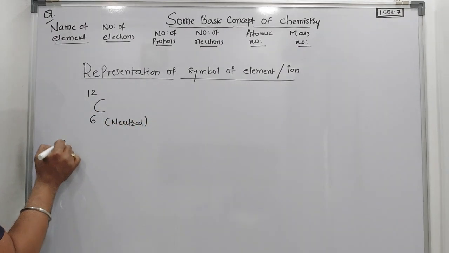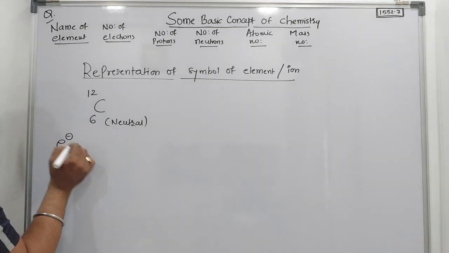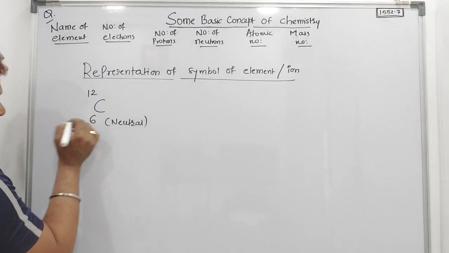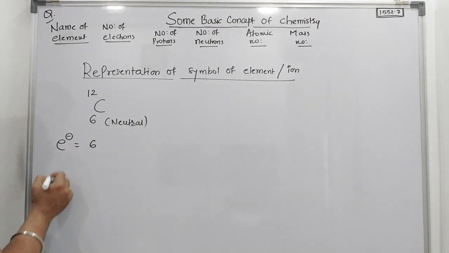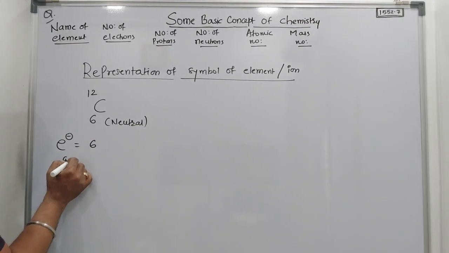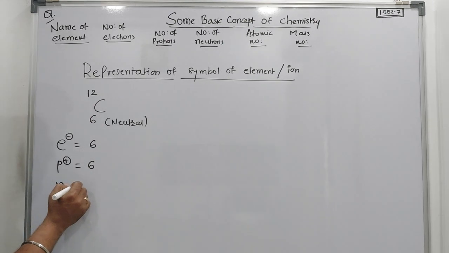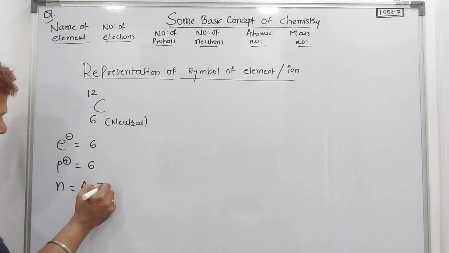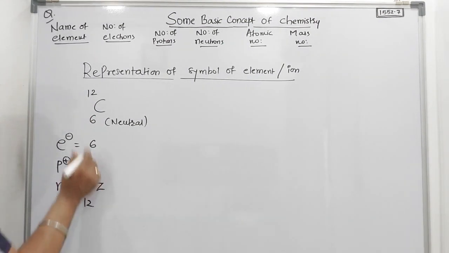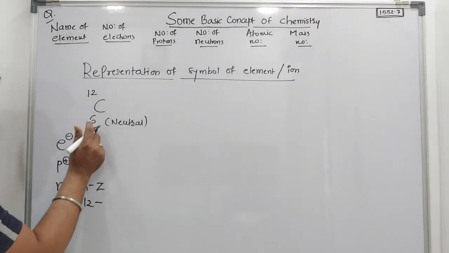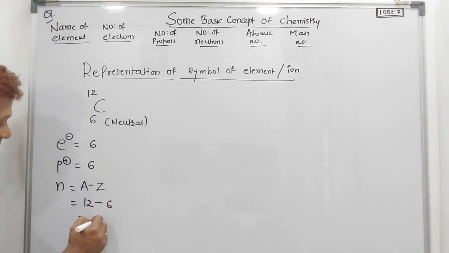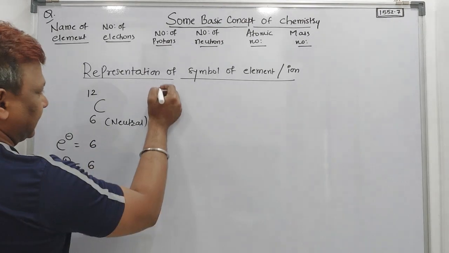For this neutral atom, the number of electrons is equal to the value of Z, which is 6. The number of protons is also equal to Z, that is 6. And the number of neutrons is A minus Z. A is the mass number, 12, minus Z, the atomic number, 6, so it becomes 6. This is for the carbon atom.